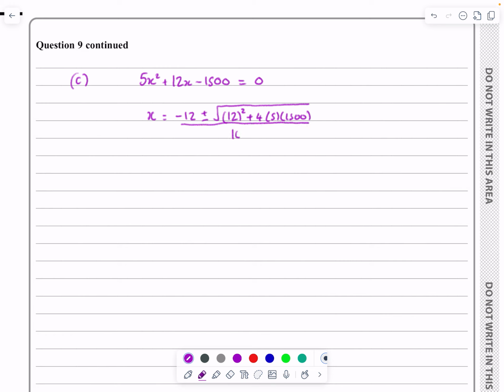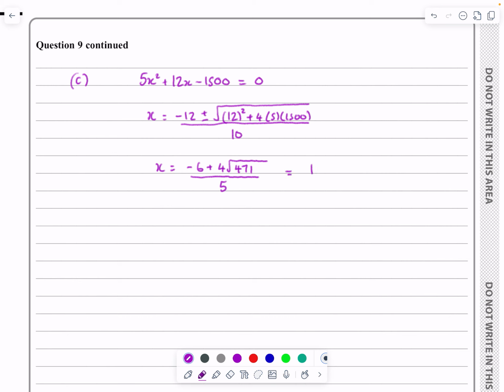All over 10, and I'm looking for 2 answers and only one of them is going to be a positive value. So when I put that in, I'll actually tell you, because I've looked at the examiner's report for this one, it works out to be this really nasty value here. So it didn't factorise, which I'm going to call 16.2.